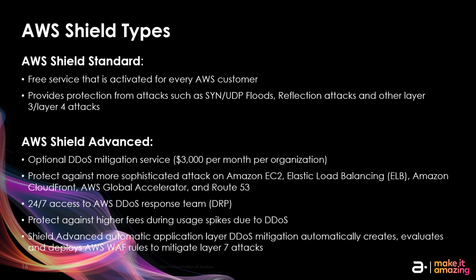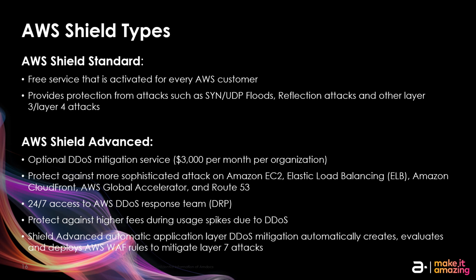Okay, here are the two types of AWS Shield. First is Standard. Shield Standard is a free service that is activated for every AWS customer. It provides you protection from UDP, SYN flood attacks, reflection attacks, and other layer 3 and layer 4 attacks. What AWS Shield Advanced gives is an optional DDoS mitigation service.